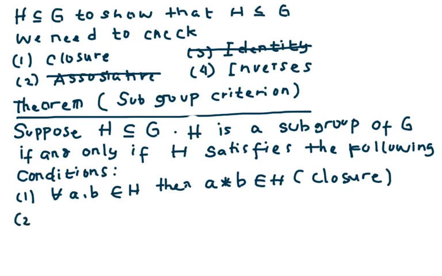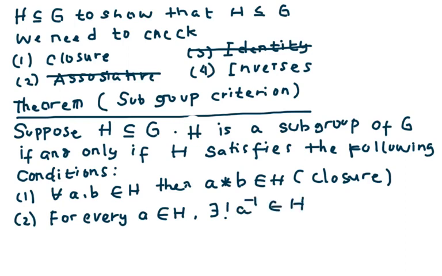And the second is for every A in H, there is a unique A inverse in H. So this is for inverses.